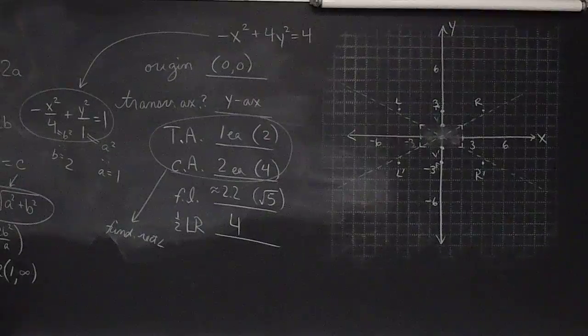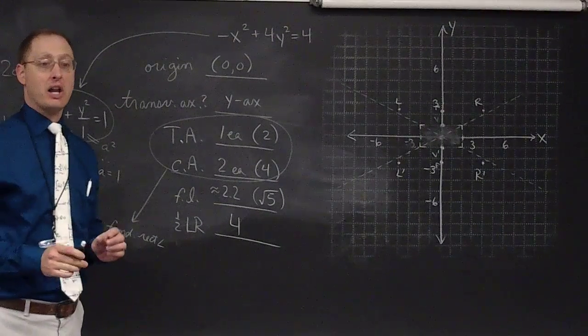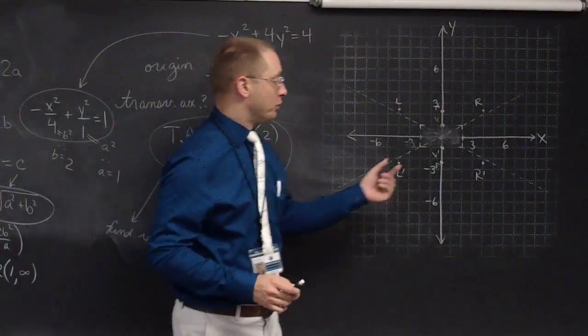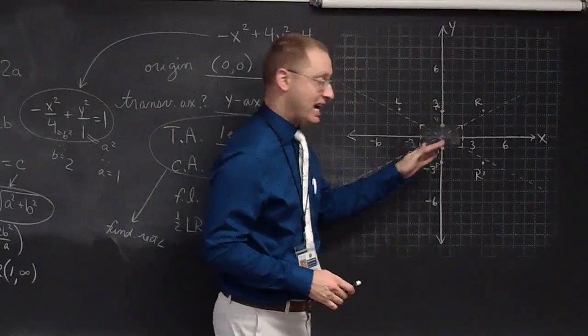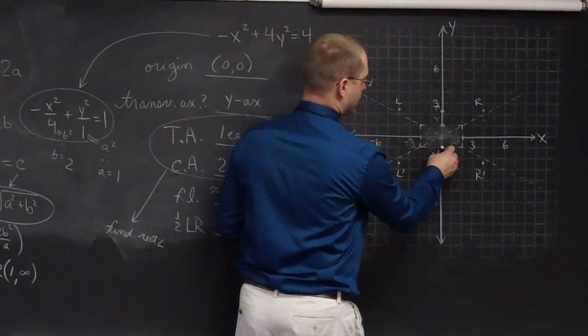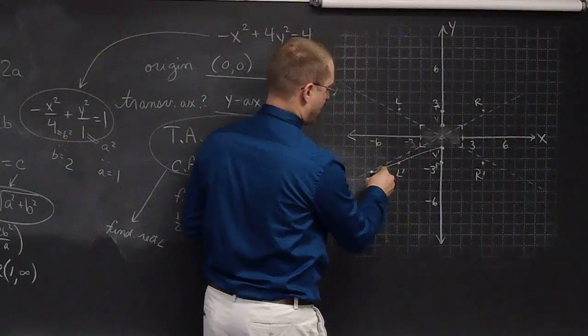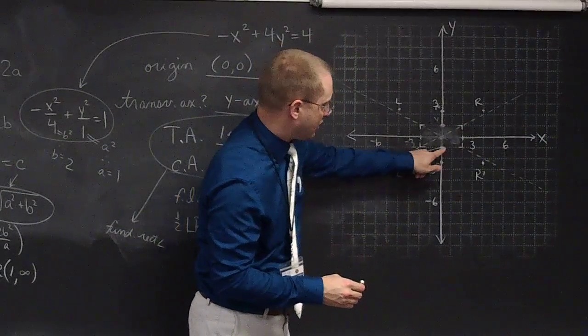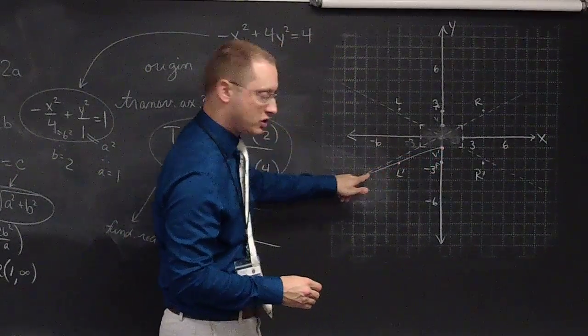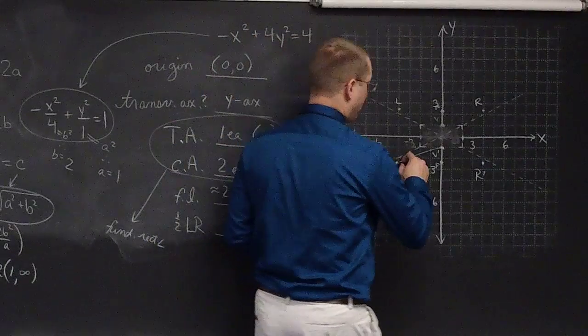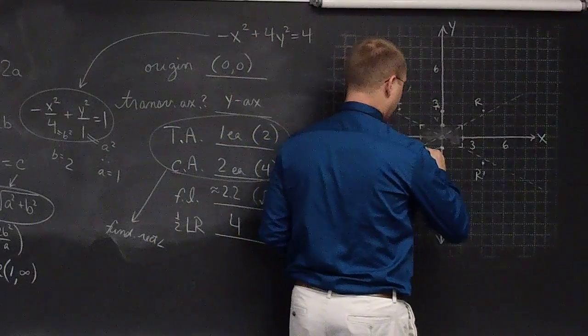Now here's the fun part, is the curve. And there's not a lot of curve. The curvature really only happens at the vertex. There's a tiny bit of curve. So what we're going to do is we're going to slowly curve. And it almost looks like straight lines. You see just a tiny bit of curve there? It almost looks like it's straight lines. And it almost does. And then we'll retrace.